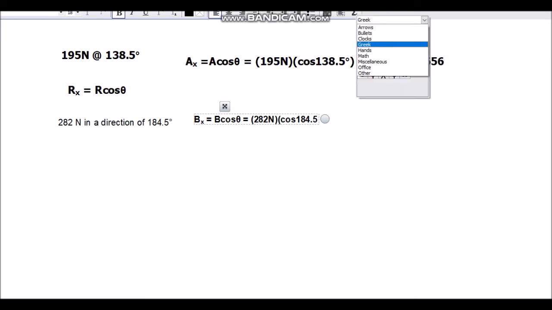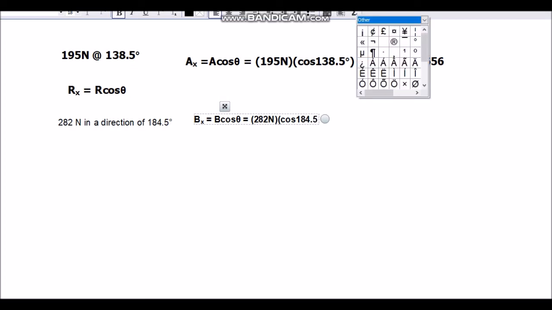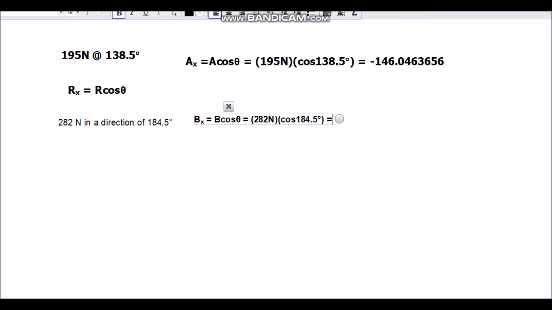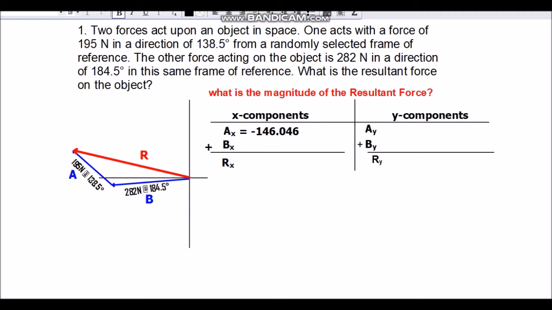All right, cool. So let's figure out what that is in my calculator. And I get negative 281.1306881. All right, well, I don't need to go quite to that precision. Close enough. All right, well, good.